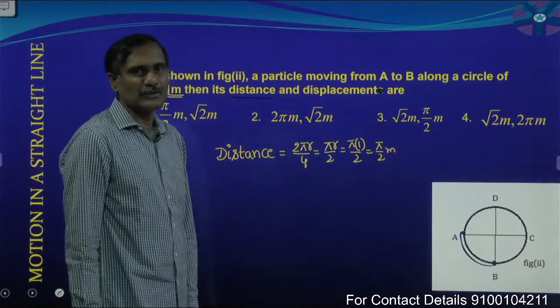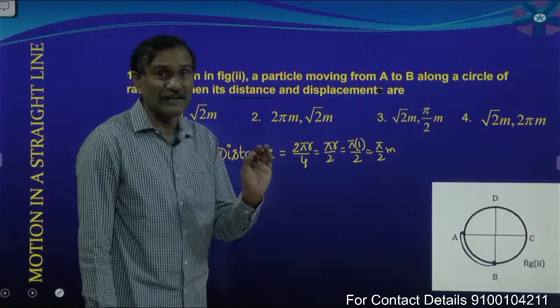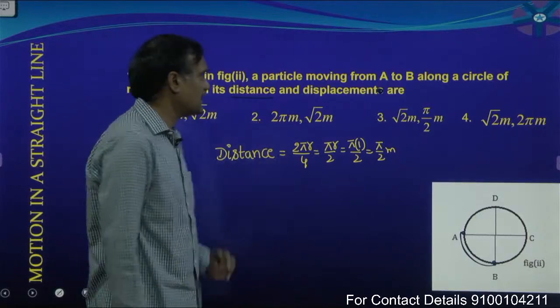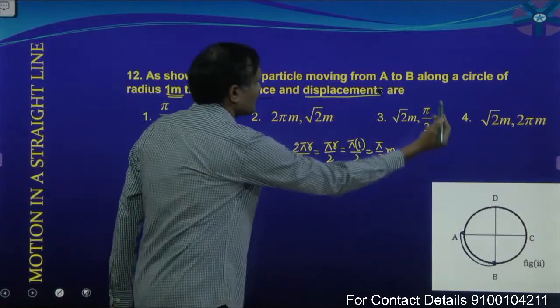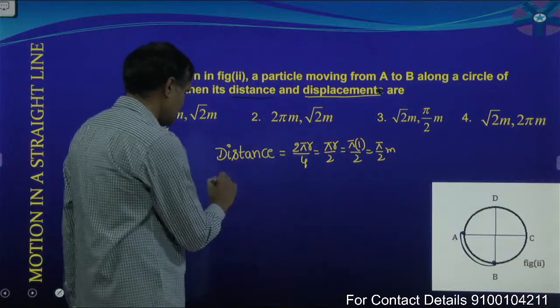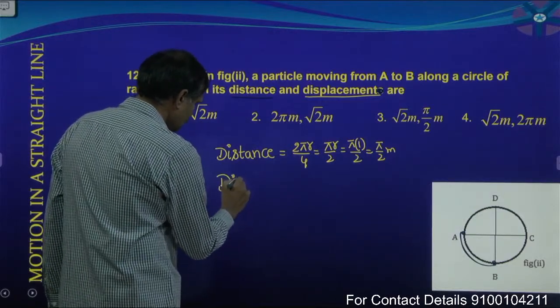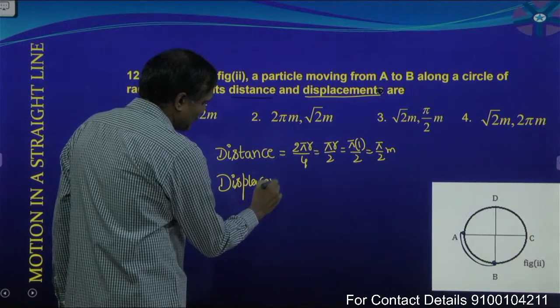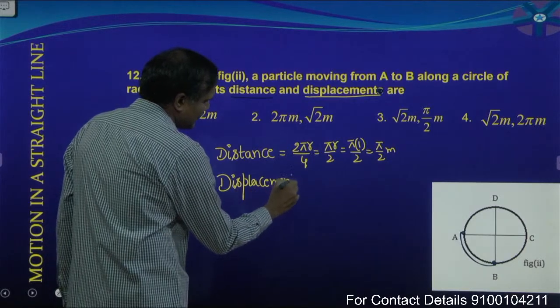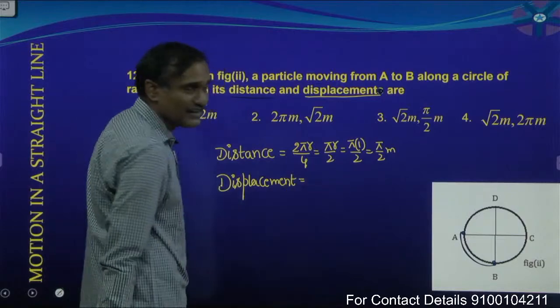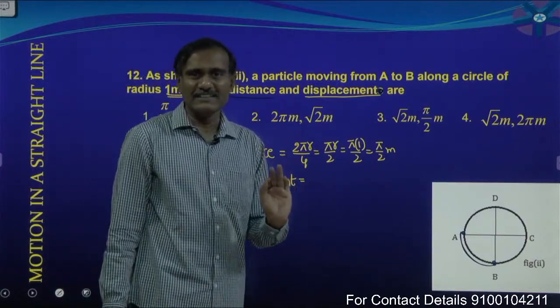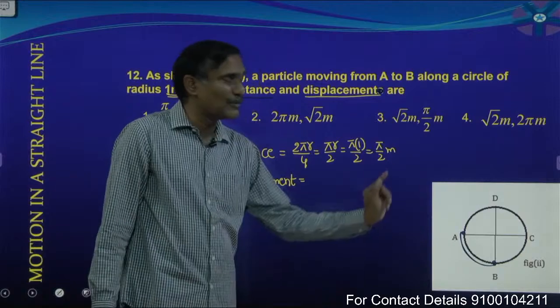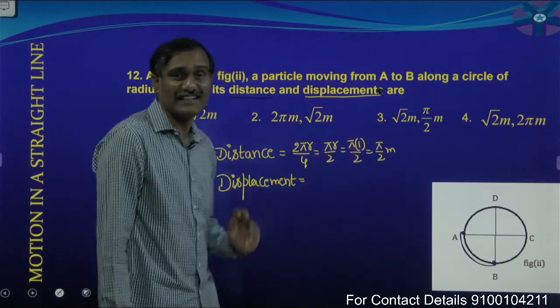Now we are going to calculate the displacement of the particle. Observe that. Here we already derived one formula to calculate the displacement when the particle moves along the circumference of a circle.